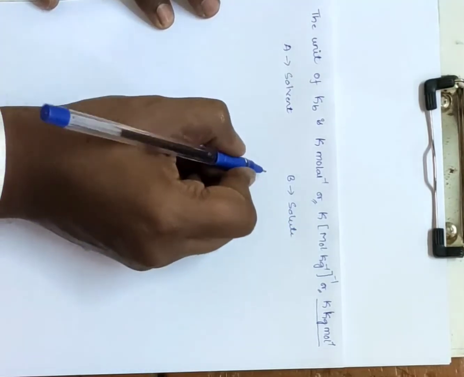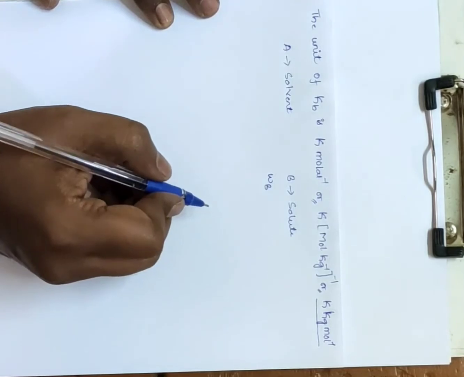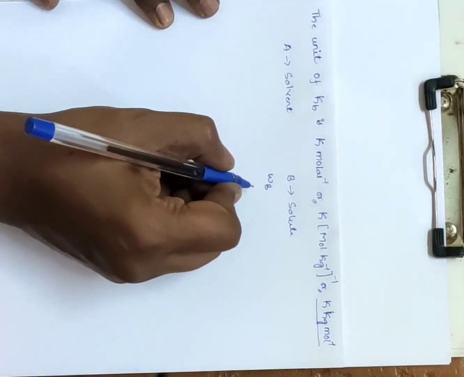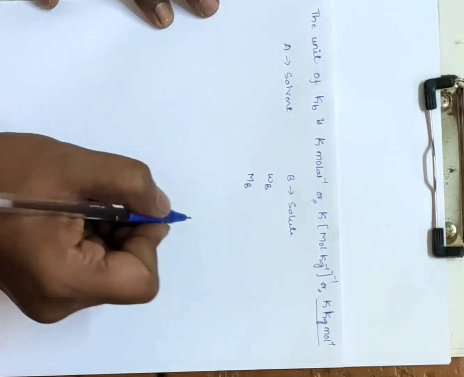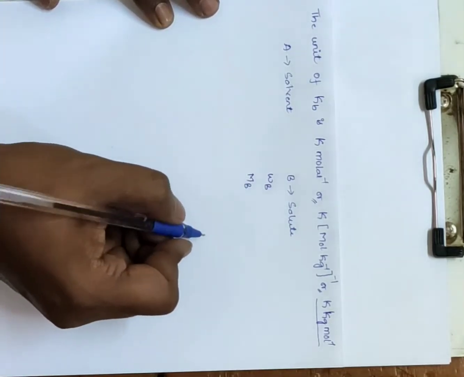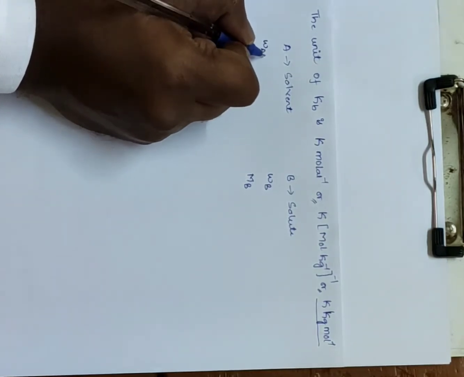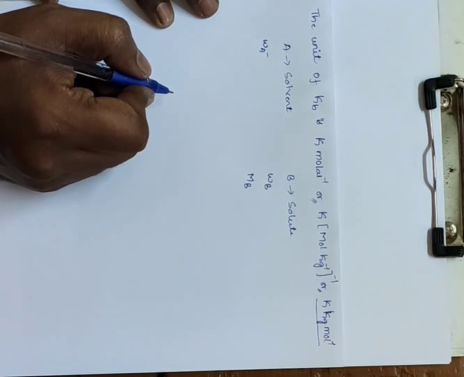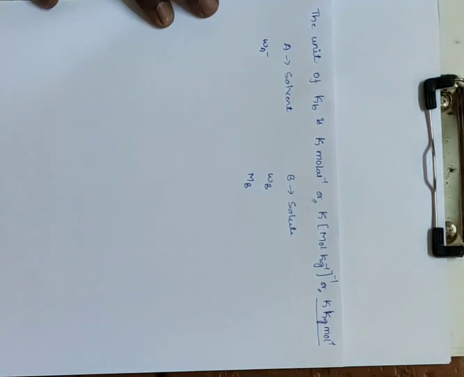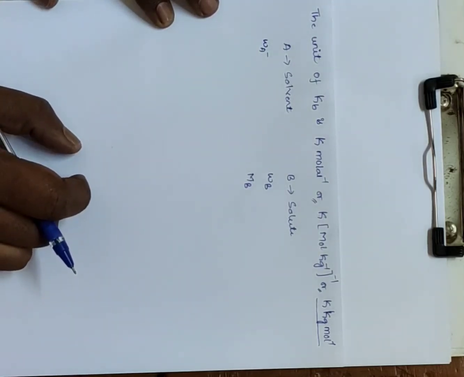Now if WB gram of solute having molar mass MB is dissolved in WA gram of solvent, so mass in gram of the solvent, that is number of moles of solute.